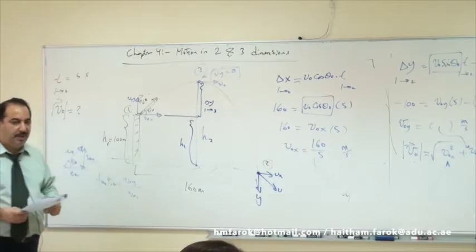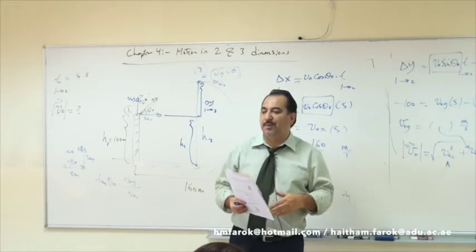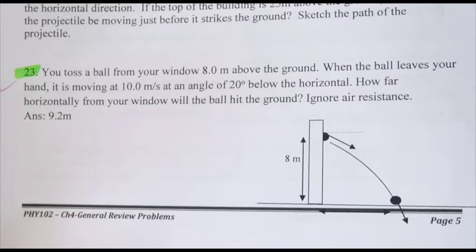Next question, 23. This is another example of firing below the horizon. Below horizon. 23 says you toss a ball from your window 8 meters above the ground. So like now we are in this classroom, let's say this is 8 meters from the ground.